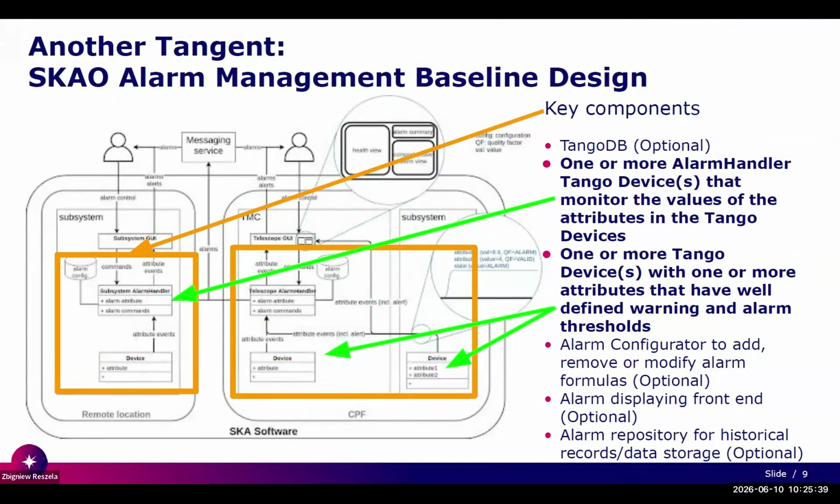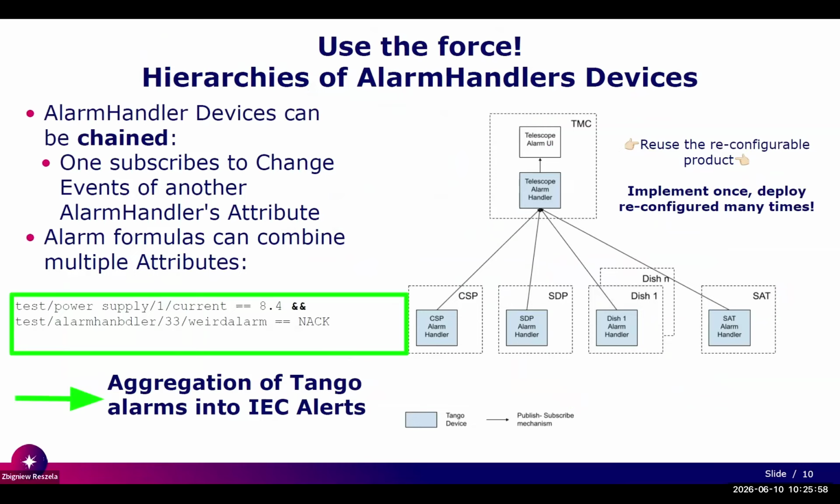So key components are, you know it, the TangoDB, and so on and so forth, the alarm handler device, your Tango devices. The Tango devices are then the source of your information to trigger actions, right? So, okay, now I have my Tango devices. What gives? What I can do is deploy an alarm handler device or panic, thank you, or Achtung.